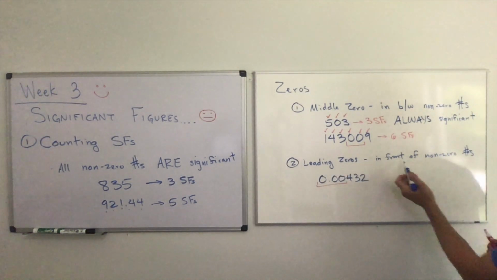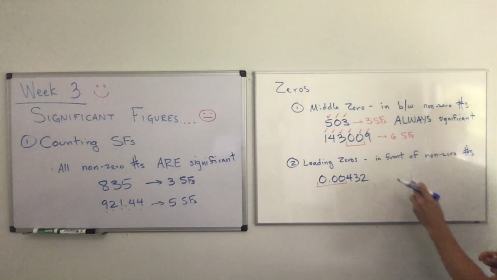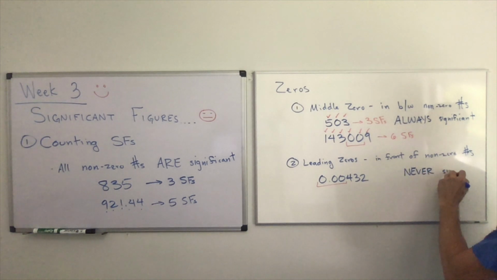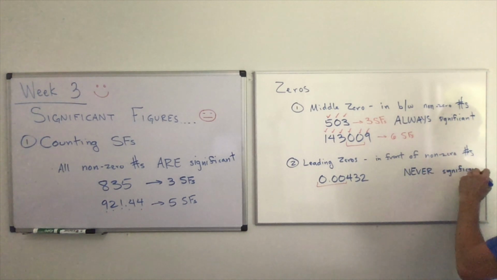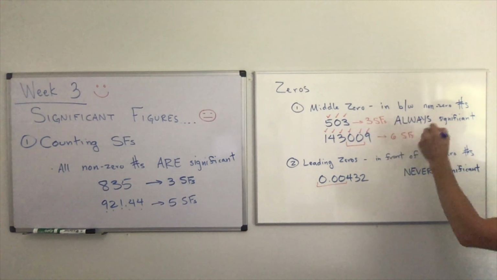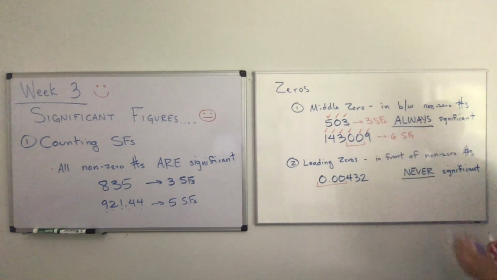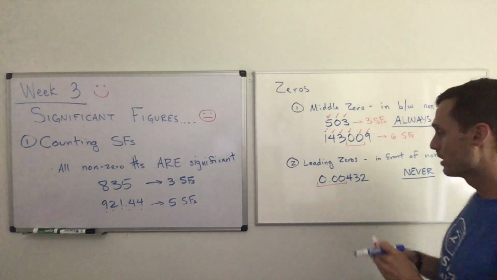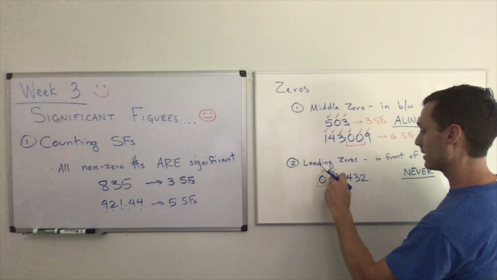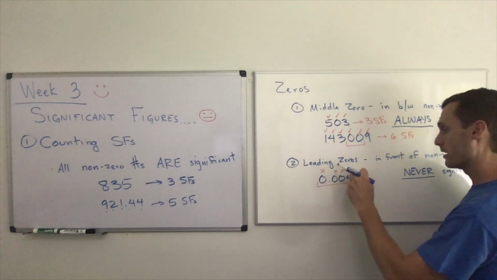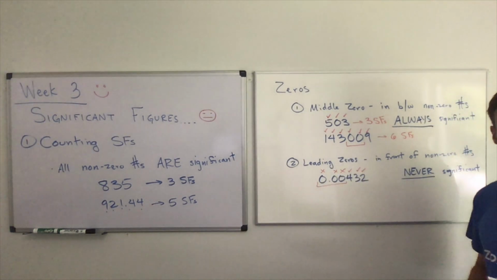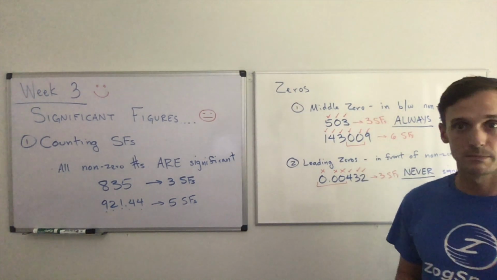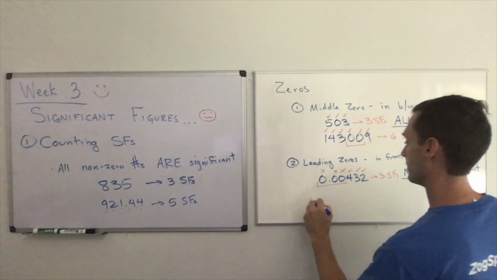It turns out that if you have zeros out front, these are never significant. Okay, middle zeros are always significant, leading zeros are never significant. So in 0.00432, this is not significant, not significant, not significant, and then 4, 3, and 2 are all significant. So this would be 3 sig figs. Okay, how about this?